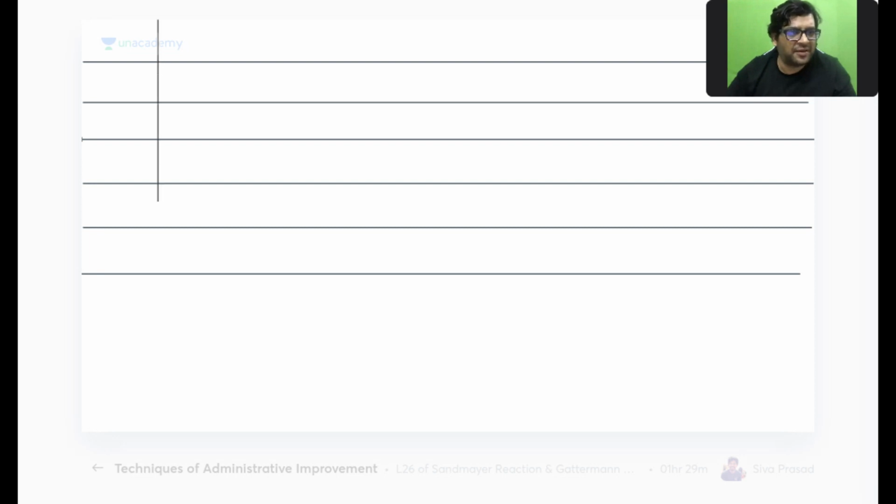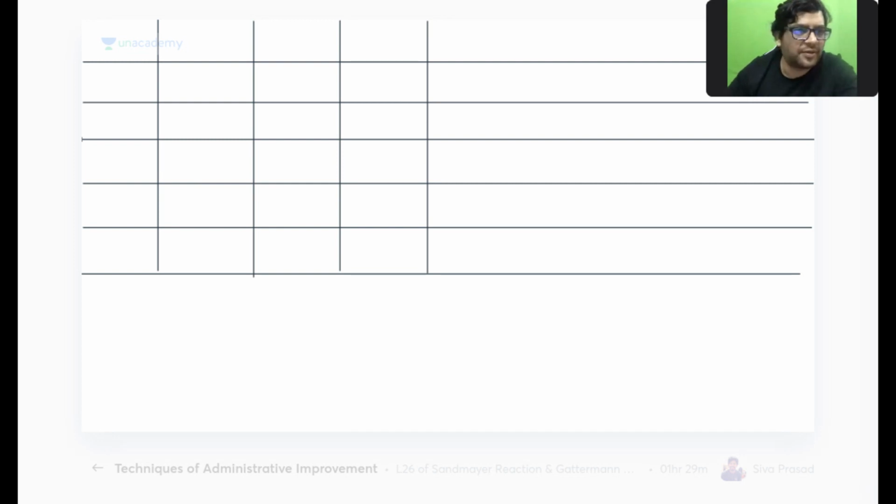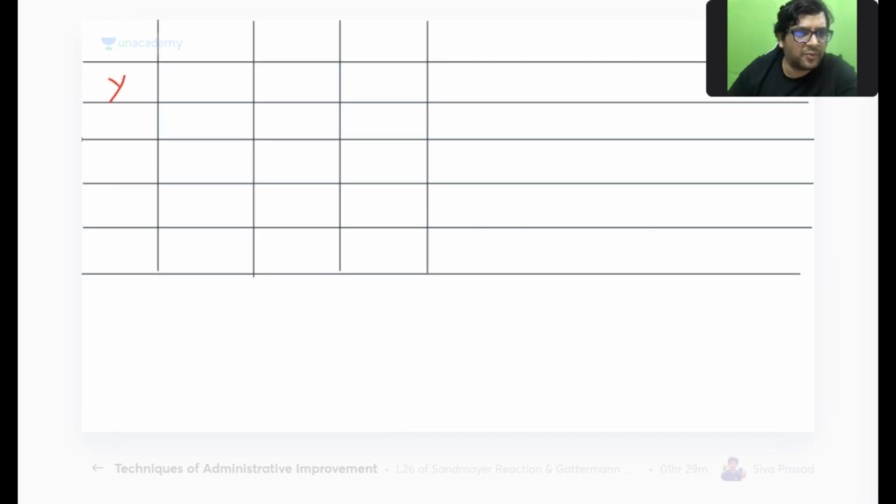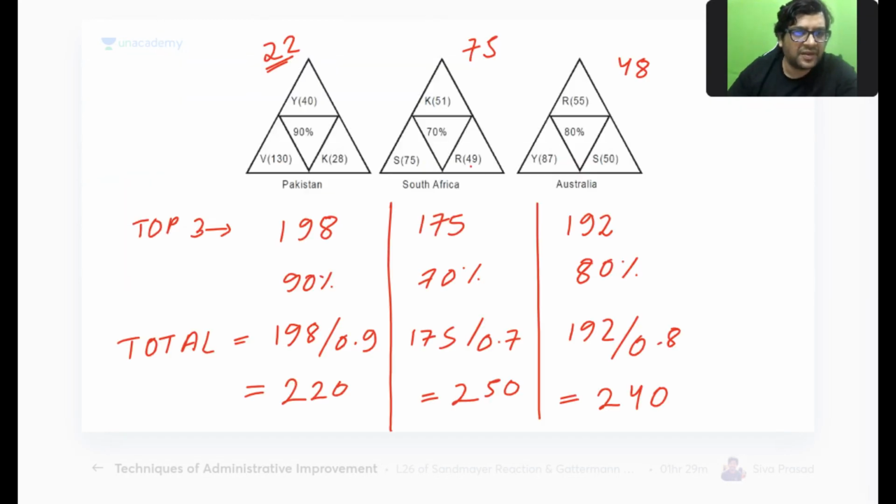Now, these 5 players have scored a certain number of runs in the first 3 matches. So let's put that information in. Y, V, K, and then we have R and S.